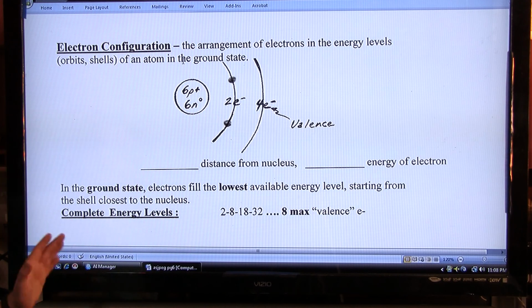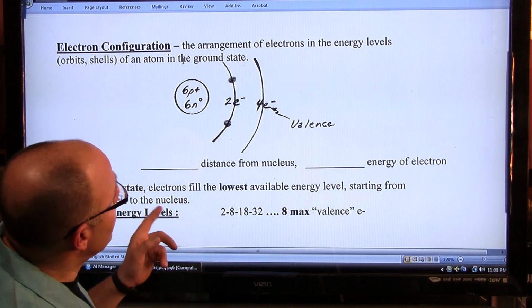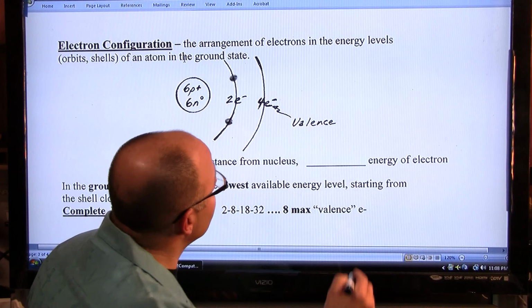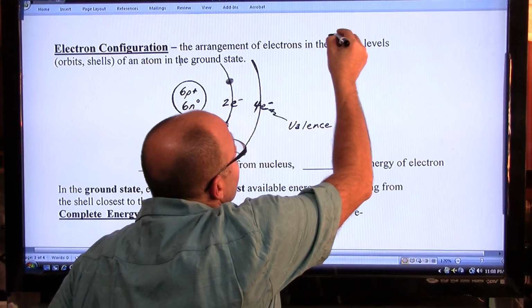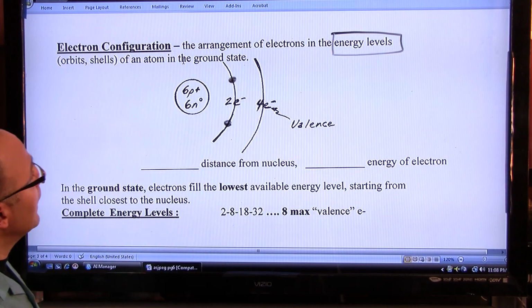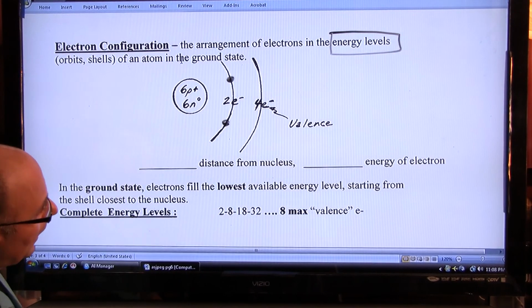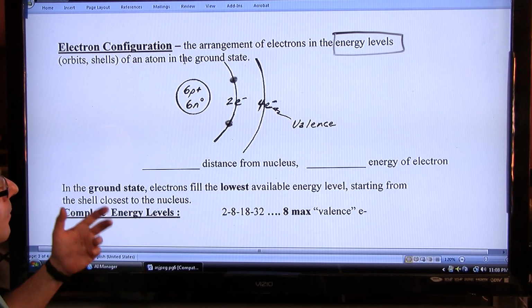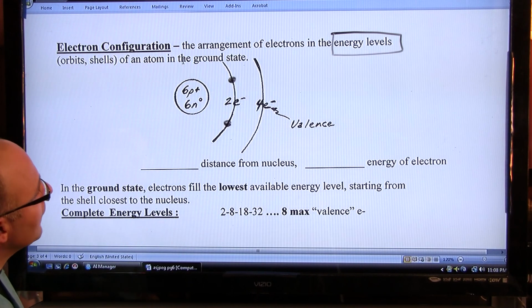The electron configuration, once again, is the arrangement of electrons in the energy levels, I like energy levels, as you'll see why, or orbit shells, in an atom in the ground state. The ground state is the lowest or most stable state for that atom, the lowest energy state.